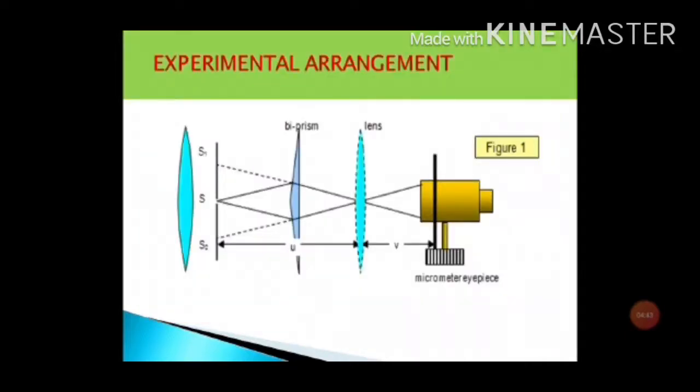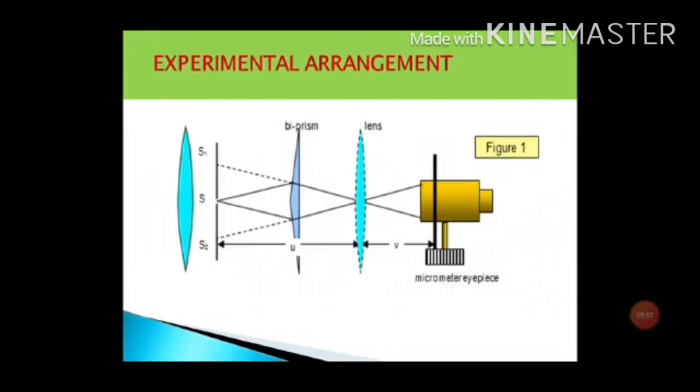Here I have shown you the actual experimental arrangement which we use in the laboratories to find out the wavelength of the monochromatic source of light. For the arrangement, we use four uprights on the optical bench.